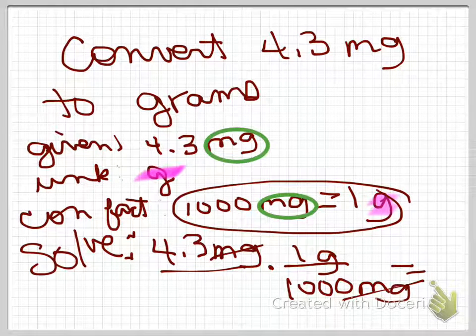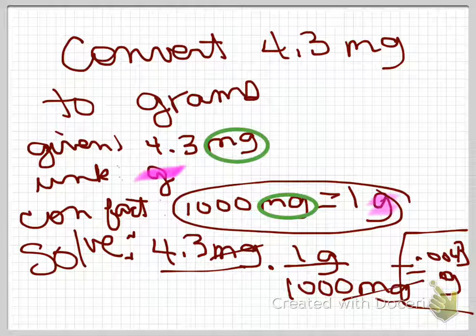So now, any number that's on the top, I'm going to multiply. 4.3 times 1 is 4.3. 4.3 divided by 1,000 is 0.0043. And I'm going to make sure that I put my units, or Miss Steed's going to take away 1 point. 0.0043 grams. Easy.